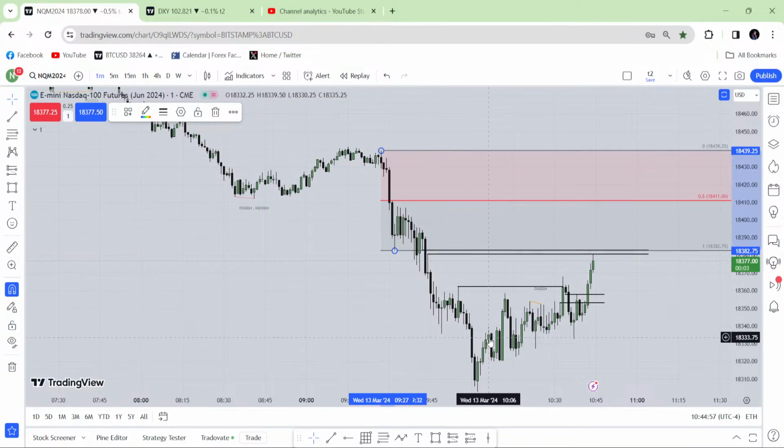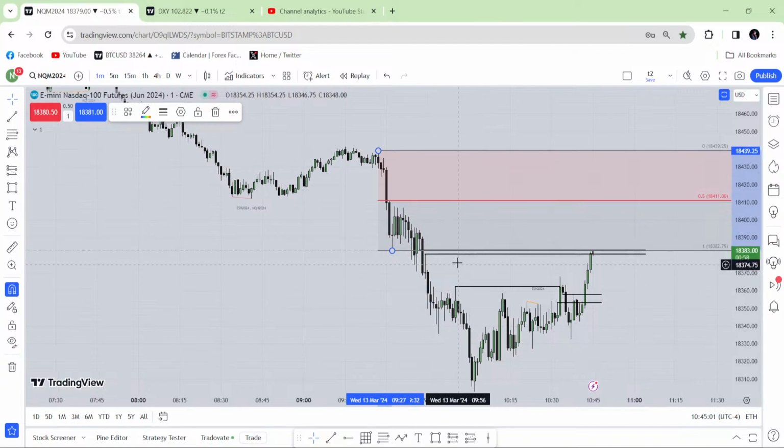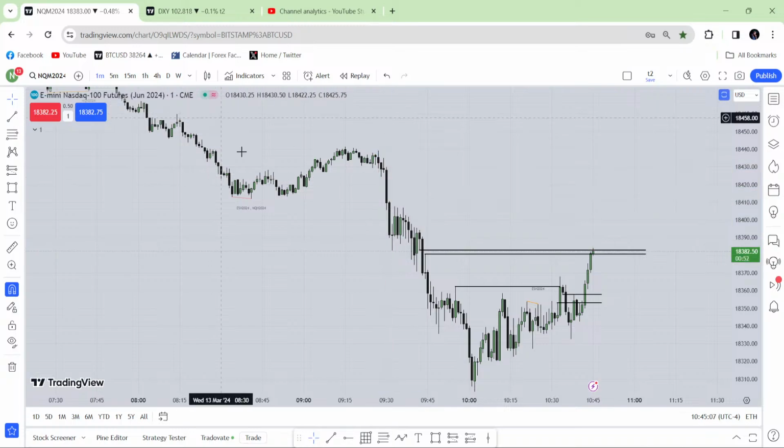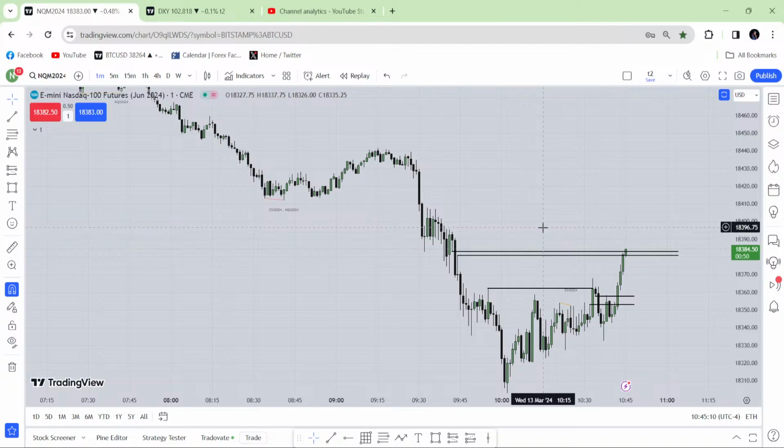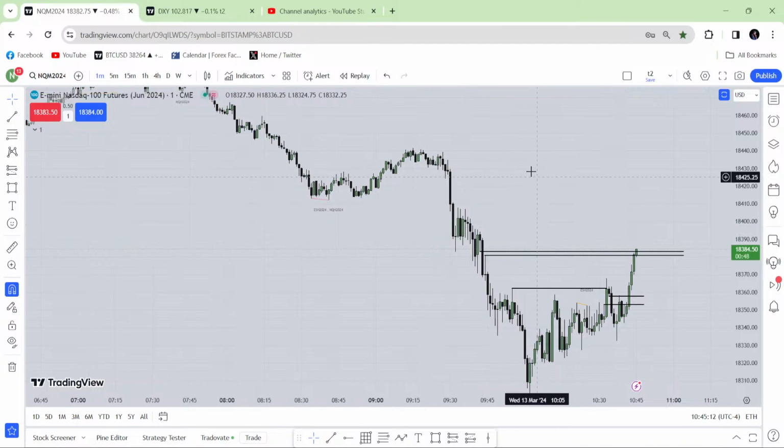You will buy from the discount, right? It never reaches the premium. So that's the thing I'm explaining. Yeah, as ICT told, the market goes premium to discount. So I'm not going to break it, but I'm telling you, the fair value gap is much more important than the premium or something like that.